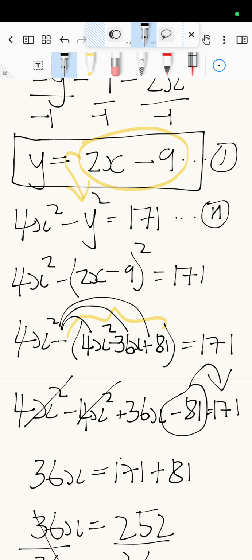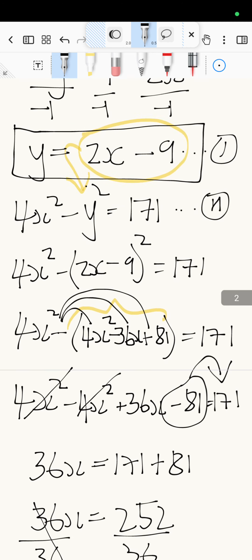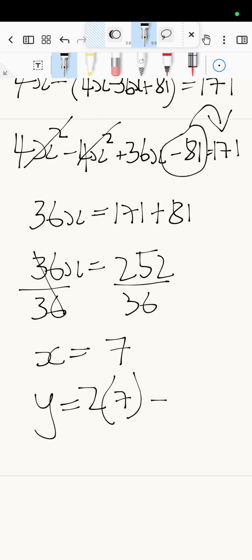So y is equal to 2 times x minus the 9. So that's going to be 2 times 7 is 14 minus 9 is going to be 5. So we have the value of x and we have the value of y. Great.